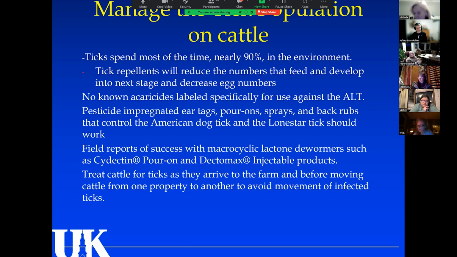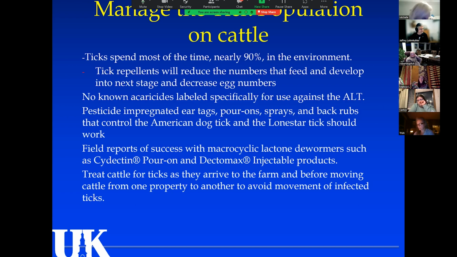We are not here in Kentucky. I don't think there's one for EHD. I think there may be a bluetongue vaccine, but we don't typically use it, and I'm not familiar with it enough to comment on its safety.